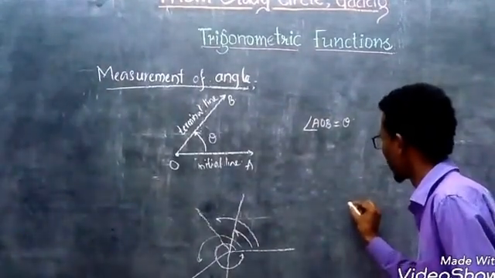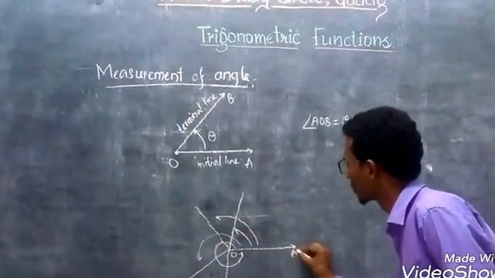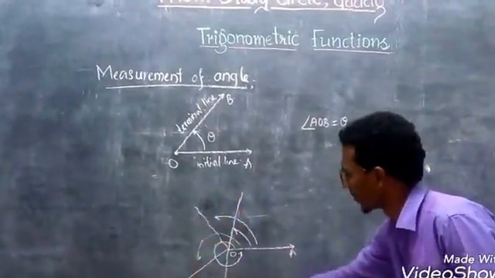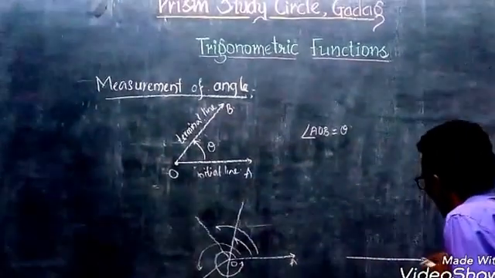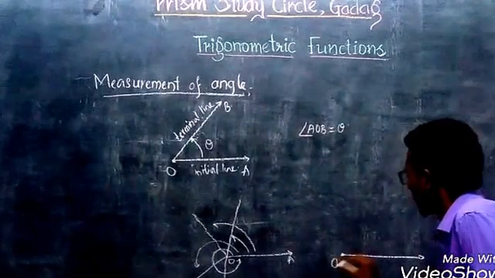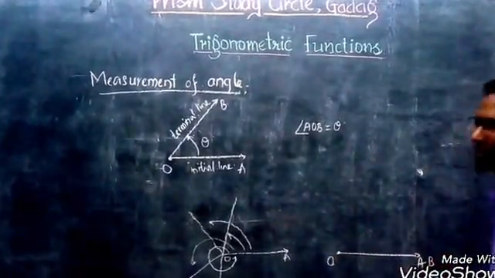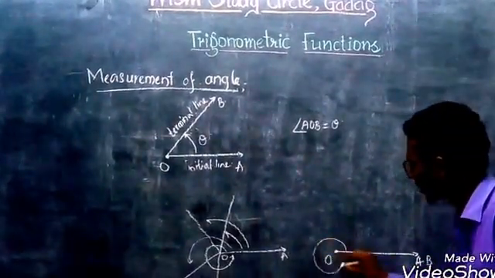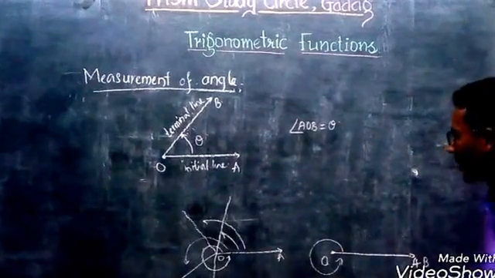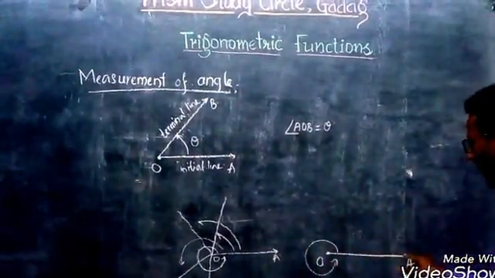One complete revolution takes place when you go from OA to OB, OC, OD and OE and come to the same point OA, when the initial line and terminal line lie on the same line, that is, they coincide. This angle is known as the complete angle, or one rotation.